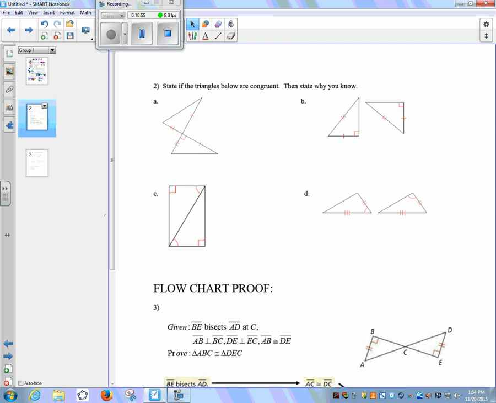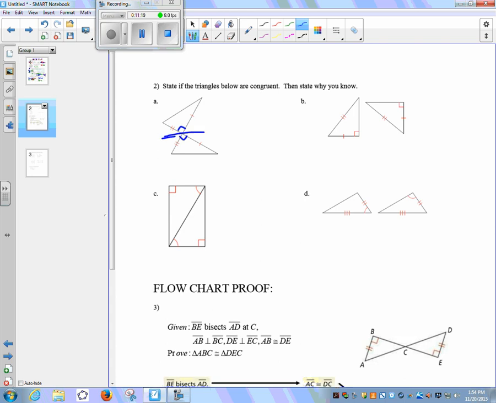Okay, so if we look at this next page, state if the triangles are congruent, then state why you know. So if this is a right triangle, a right angle, and it's vertical angles to this angle, we can mark them both right angles. Remember, we're going to kind of cover up one triangle.